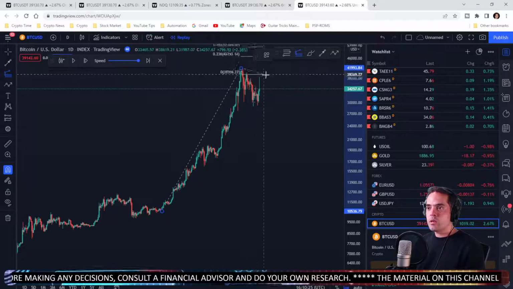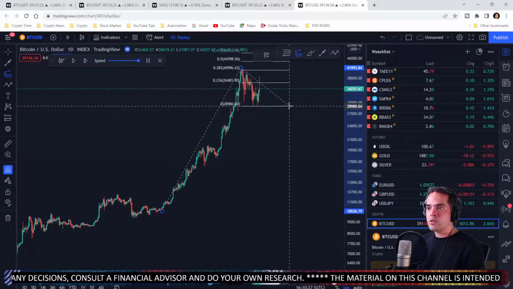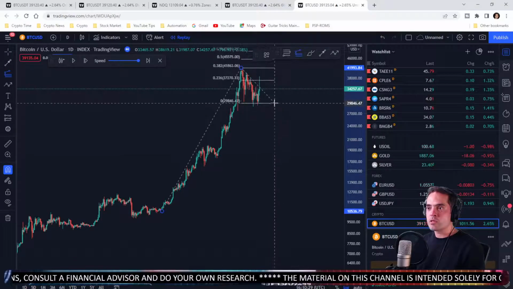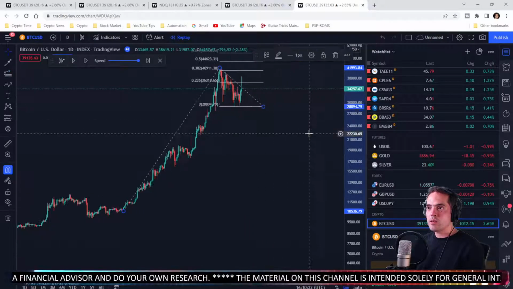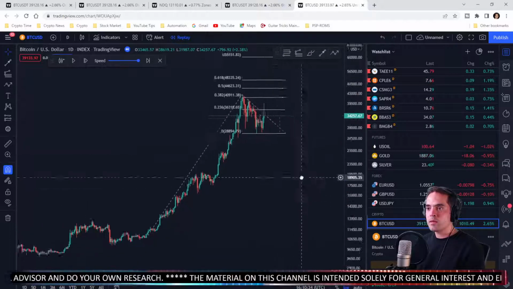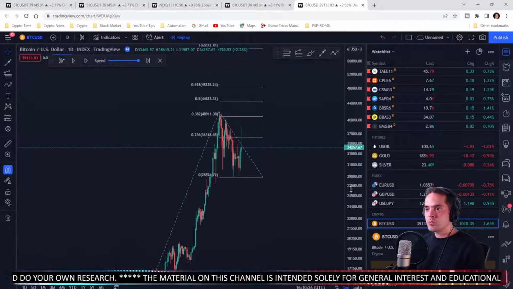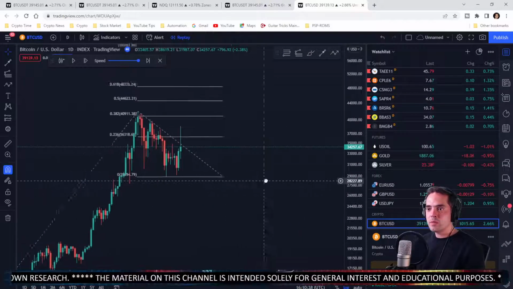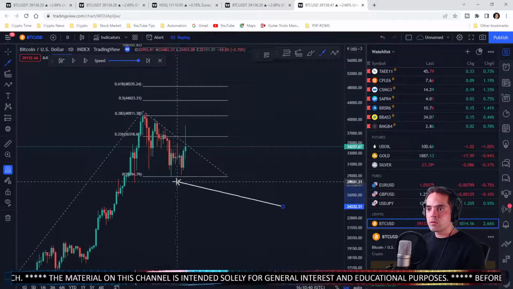What we know at this stage is that the correction, the dip, is right here. So let me go back, zooming in. The dip is this candle right here.